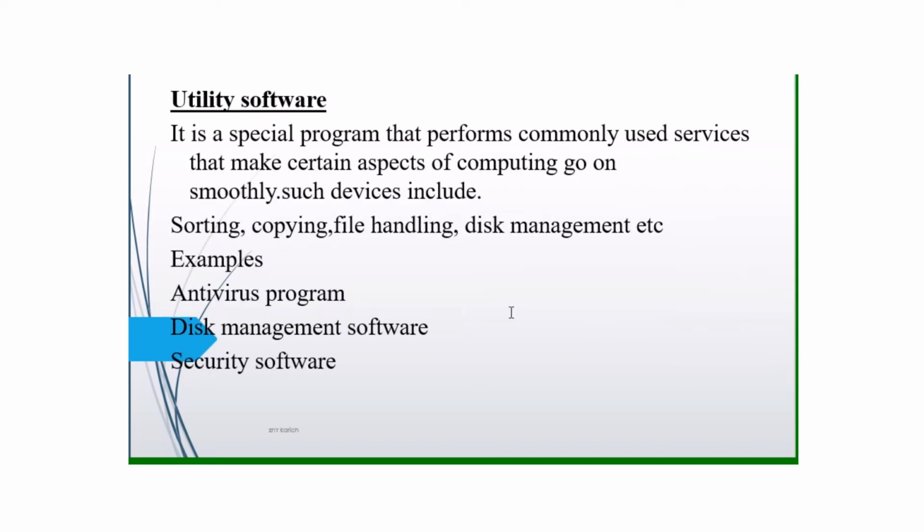Utility software is a special program that performs commonly used services that make certain aspects of computing go on smoothly. Operations include copying, file handling, disk management, etc. Examples: you have the antivirus programs, disk management software, security software. Antivirus program examples: you have Kaspersky, Avira, Norton, McAfee.